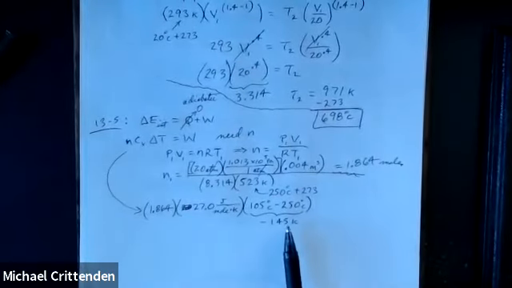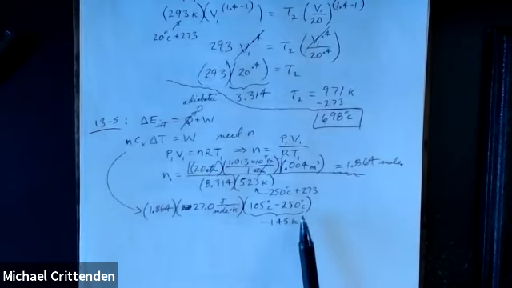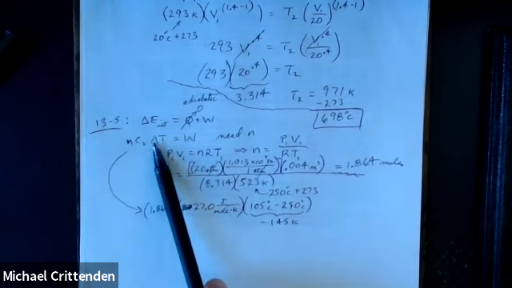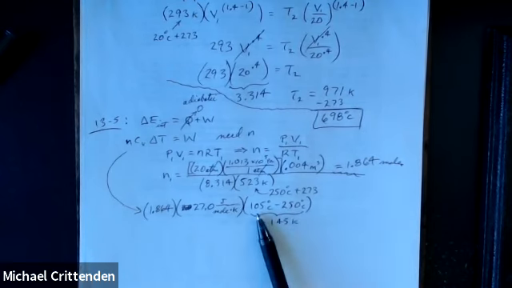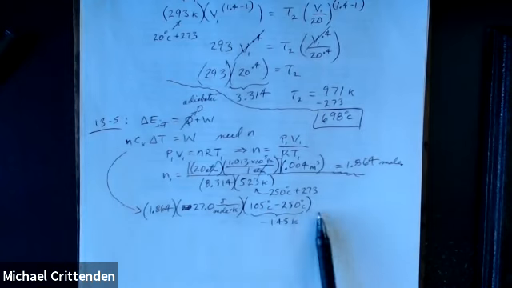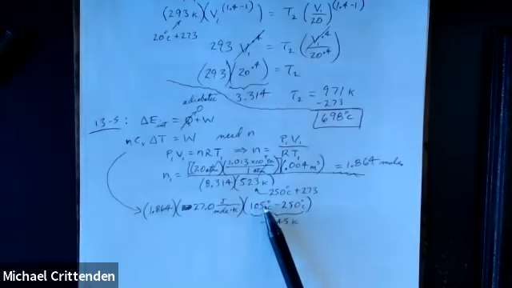I think I explained when I was doing an earlier example how if you're talking about temperature changes, Celsius and Kelvin are interchangeable. Both scales have the same size degree. So if something changes temperature by 145 kelvins, it's also changed temperature by 145 degrees Celsius, because 273 gets added to each of these, so it drops out.